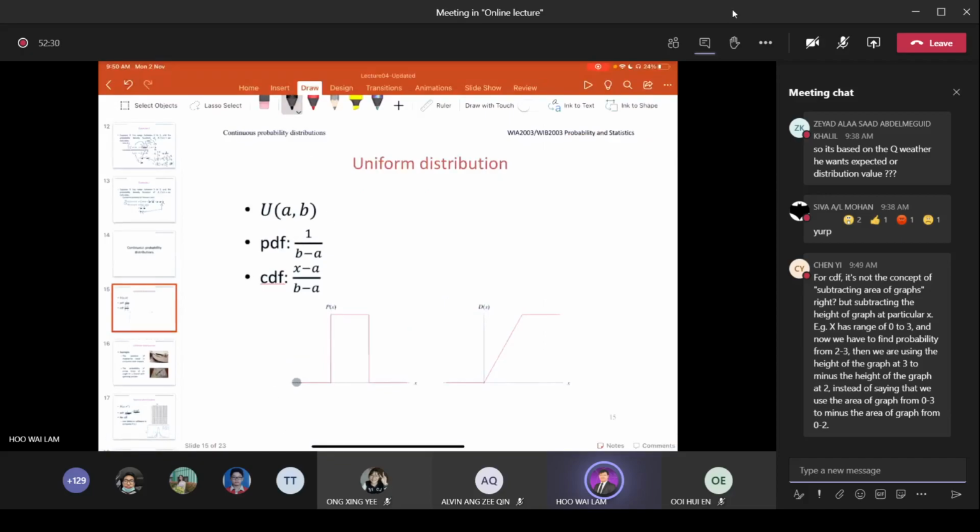Based on the range that you have, this is your A and B, your minimum range and maximum range, and then you have 1 divided by B minus A. So that's why you are getting things like this. And this one, your CDF, is things like this, right? This one is measuring the probability value itself. This one is cumulative.